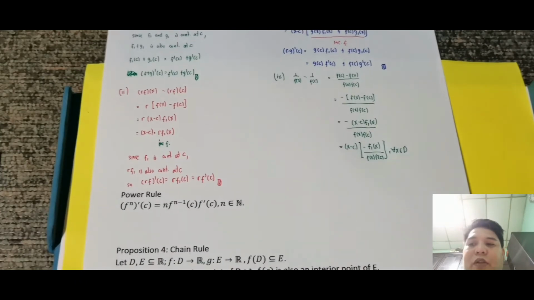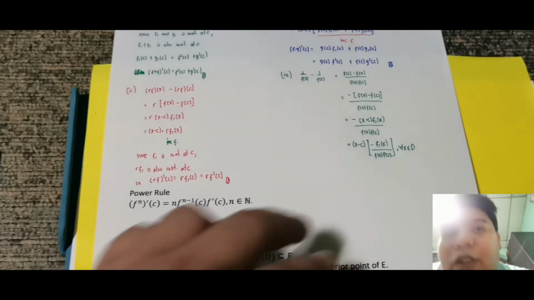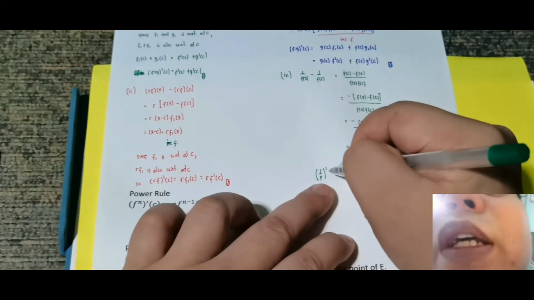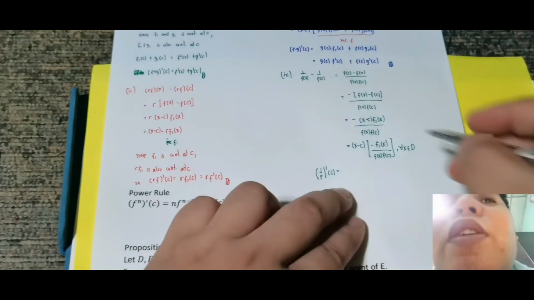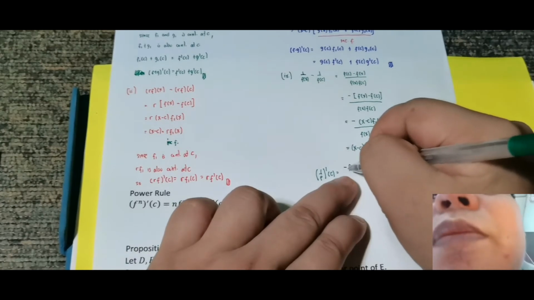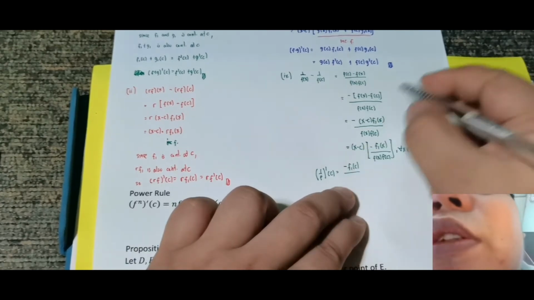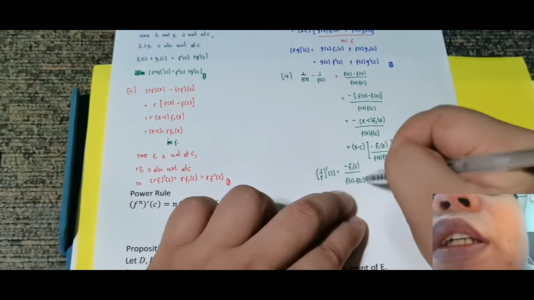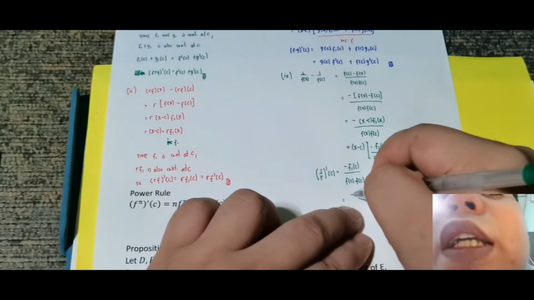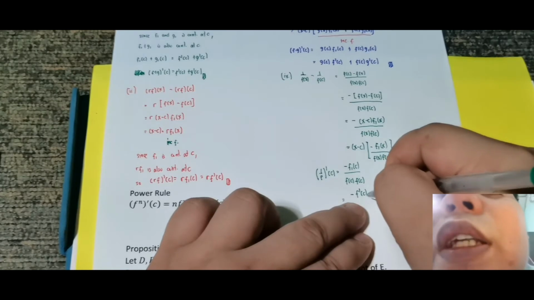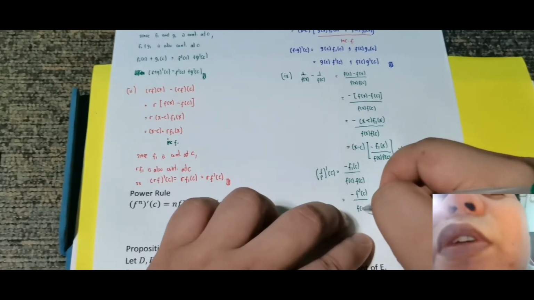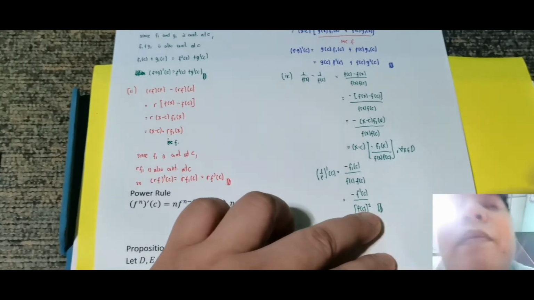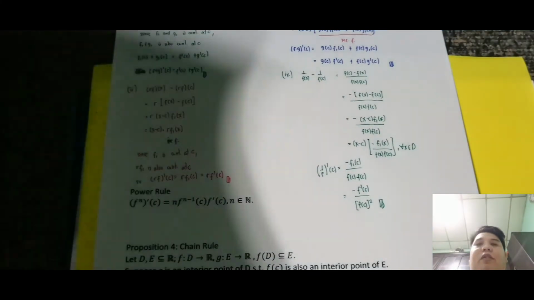Since it is continuous, the derivative of 1 over f at c is equal to negative f sub 1 of c over f(c) times f(c), which is negative f'(c) over f(c) squared. So that is done, because that is our conclusion.